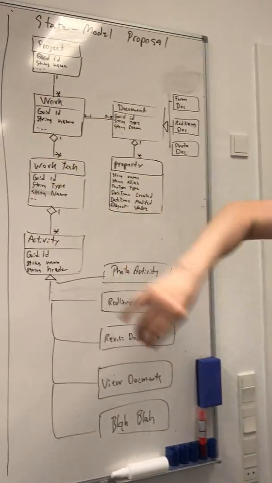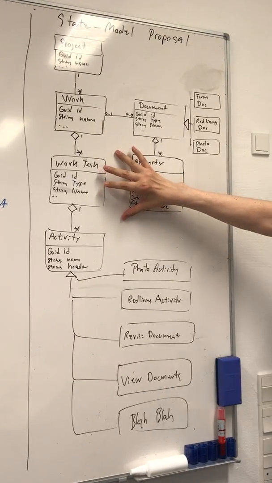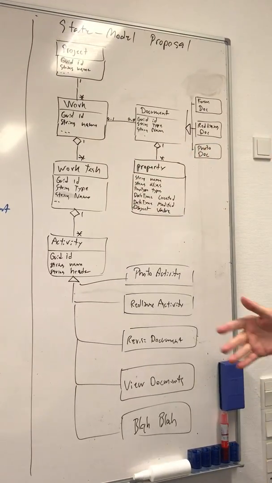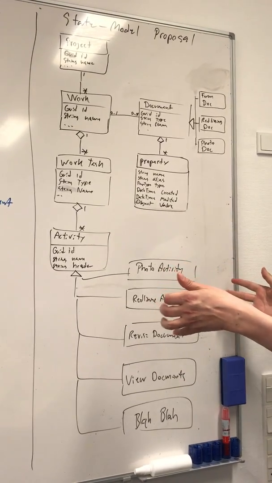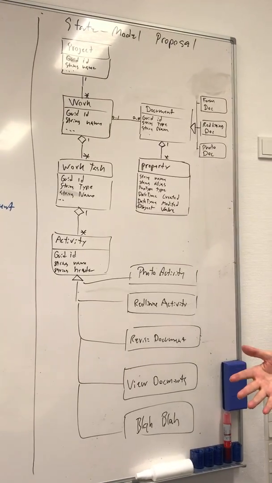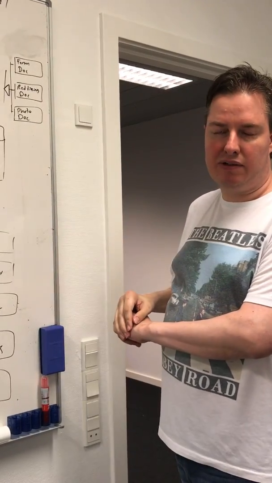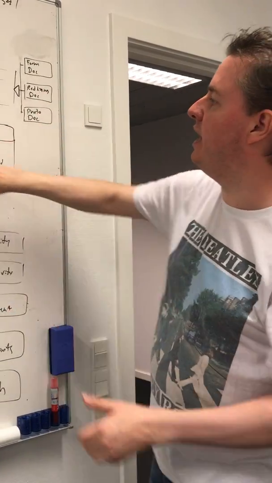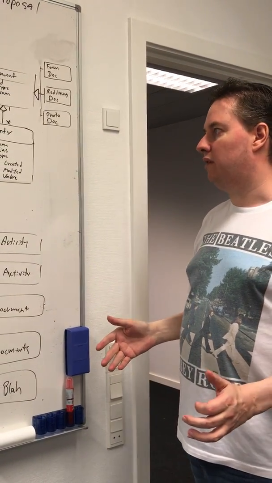When I think about the state model, I'm thinking the app should create a state model like this. But the cool thing about state models is that because we have events, we can decide to do it like this, and later maybe decide to do it differently. Some module in the app might create a completely different state model, because maybe it doesn't care about the work tasks, so you just create a state model with only documents.